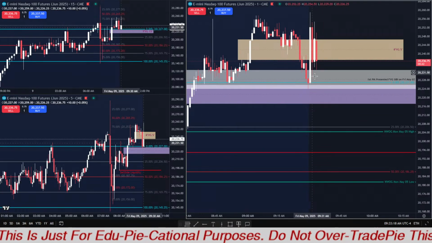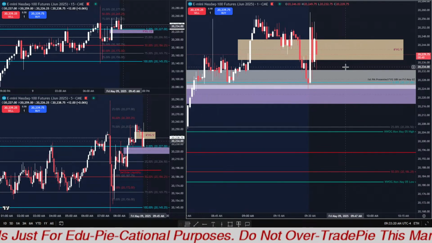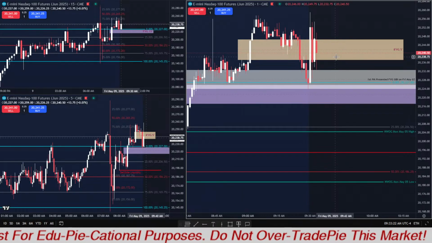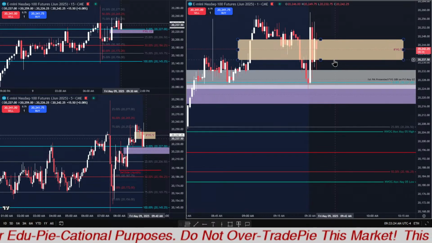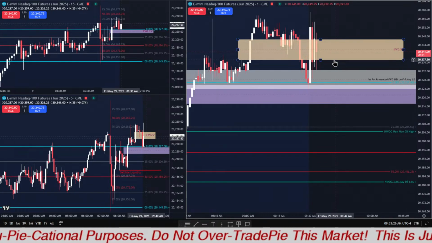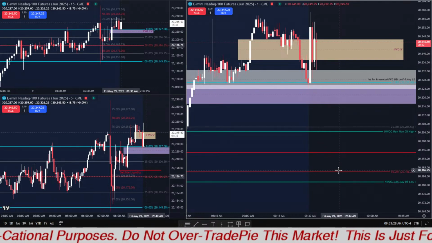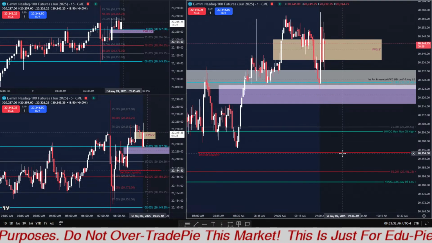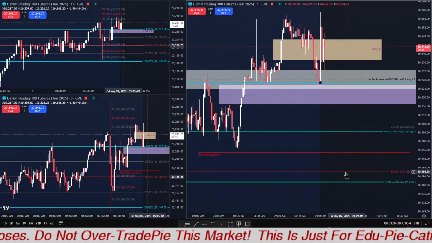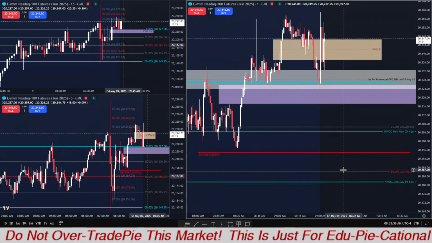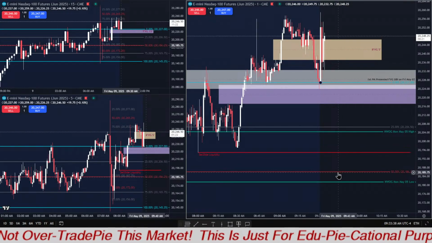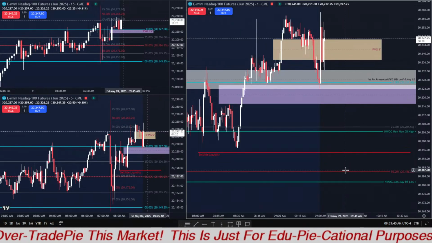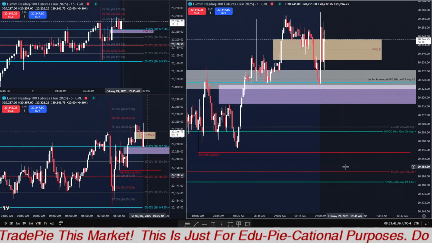If we close below this inversion fair value gap, I'm expecting a run higher to the low of this 5-minute inversion fair value gap, and after that scrolling down to this sell side liquidity over here, and ideally the consequent encroachment of the opening range gap that is right below the new week opening gap's low.